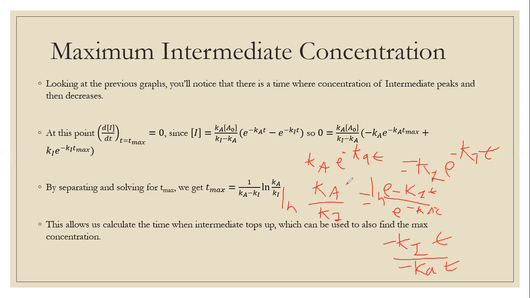Actually, I think you can factor those in before you do that. So it becomes e to the negative Ki plus Ka t max.